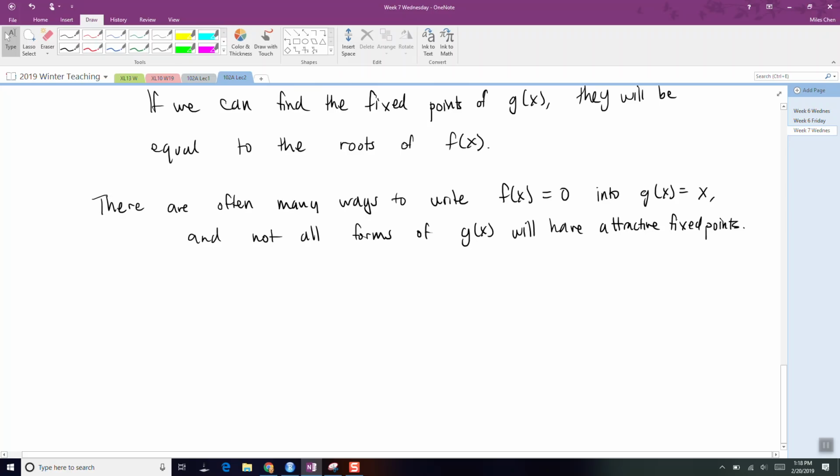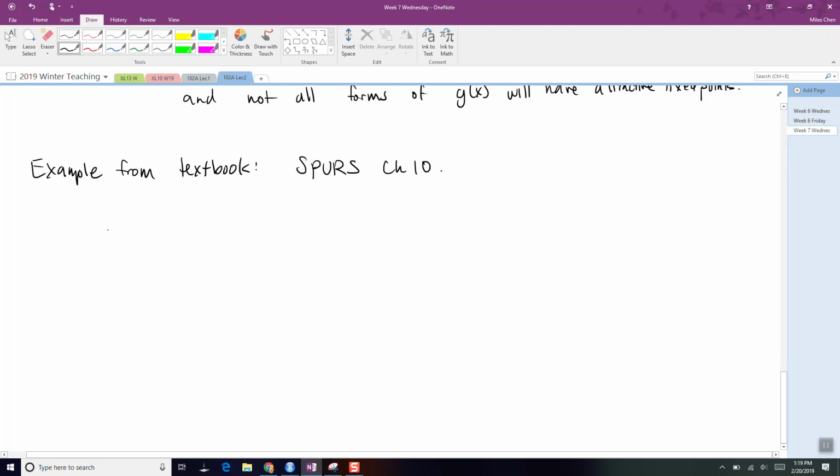Okay, so I'll just use a textbook example. So the scientific programming textbook, chapter 10, we're going to just use, we'll say f of x is equal to log of x minus e to the negative x, okay?